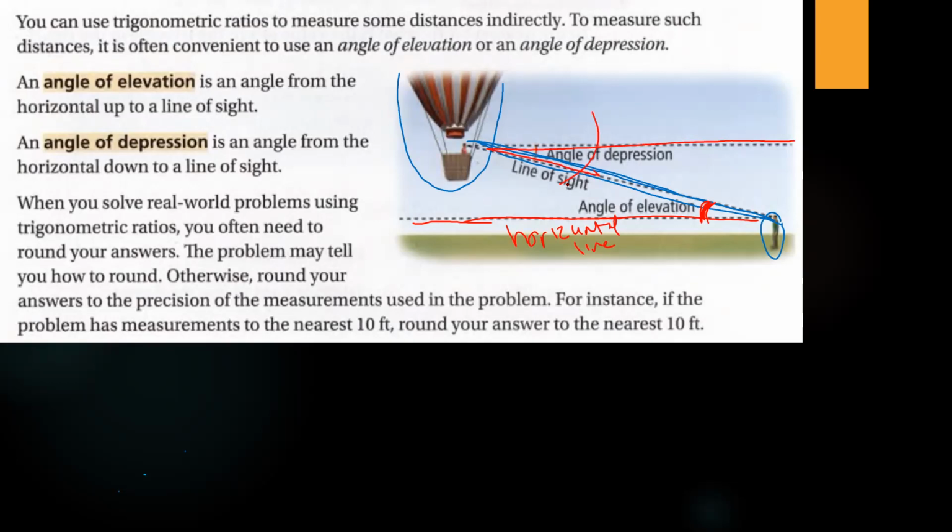So the trigonometric ratios don't just help me find dimensions in triangles that are drawn in math. No, they also help me find distances in our real life, in our world. Sometimes when you are in the garden, as an example, you are looking at a Kingdom Tower, on the line of sight.